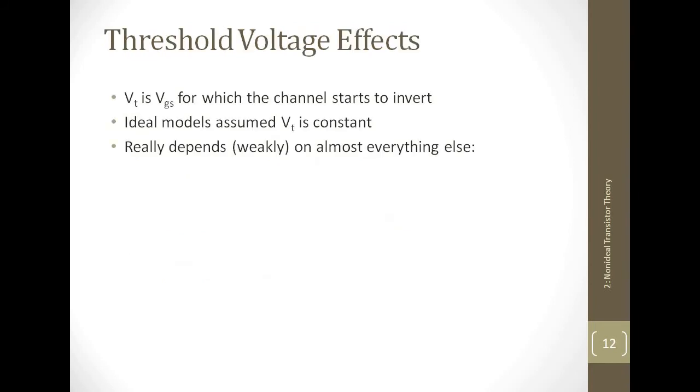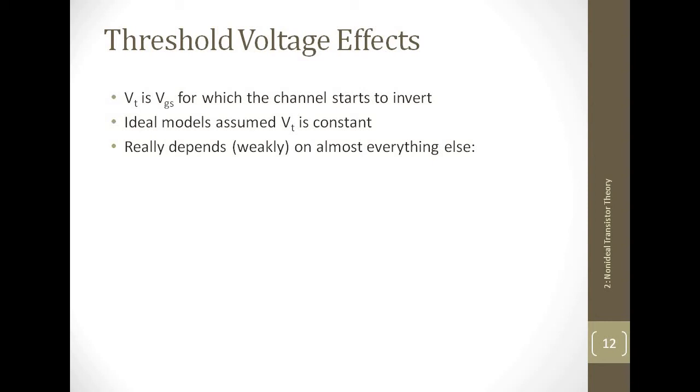Next, another performance parameter is threshold voltage effects. We all know VT as the threshold voltage: the gate source voltage at which the channel gets formed. VT is the VGS at which the channel starts to invert.